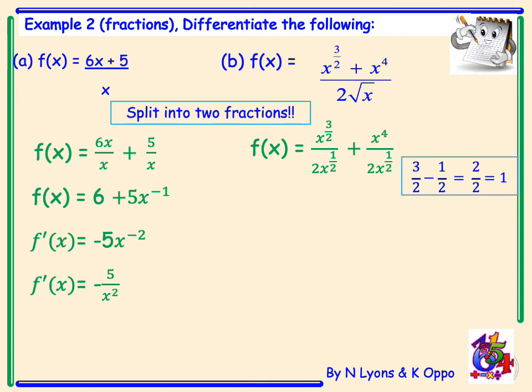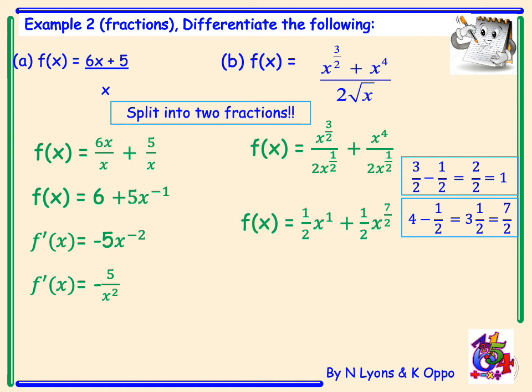So the first term, we have to do 3 halves take away 1 half, which is 2 halves, which equals 1. So the first x term will have a power of 1. And the second term, we've got 4 take away a half, which is equal to 3 and 1 half, which we can write top heavy as 7 over 2. So the second power of x is 7 over 2.